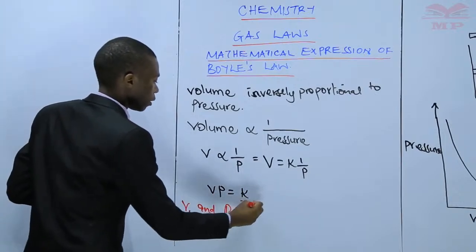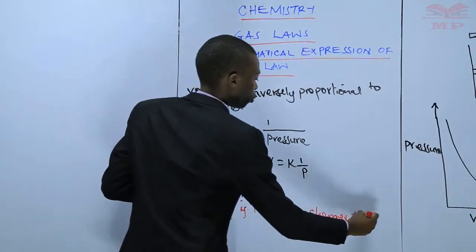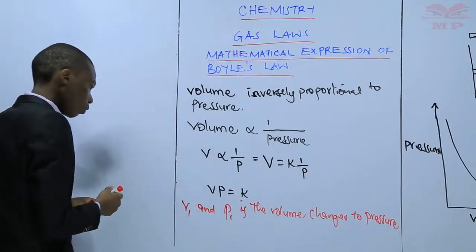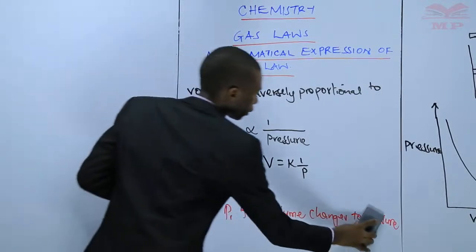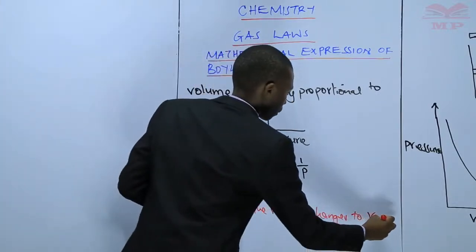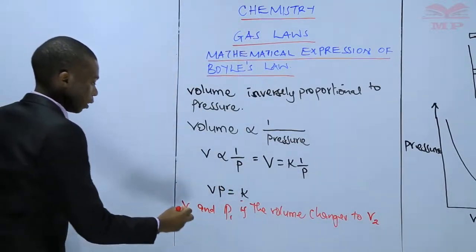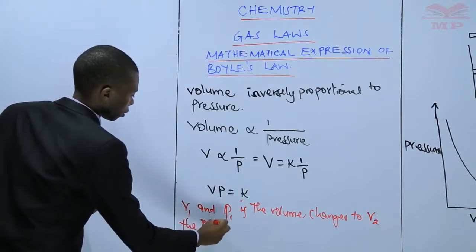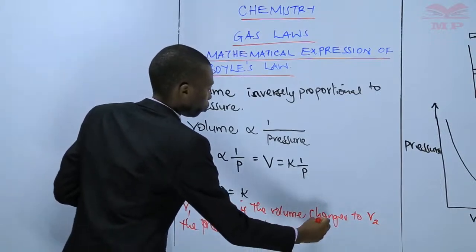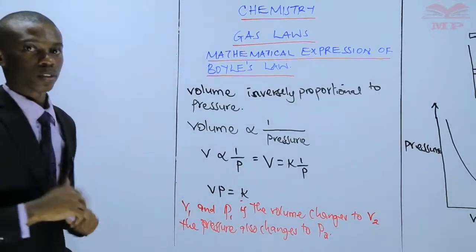If the volume changes to V2, the pressure also changes to P2, because anytime you interfere with the volume, pressure is also interfered with.